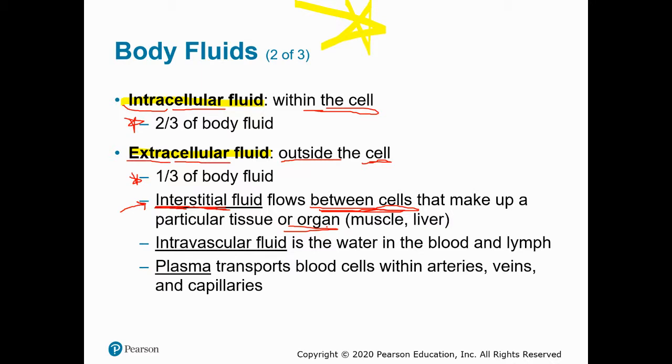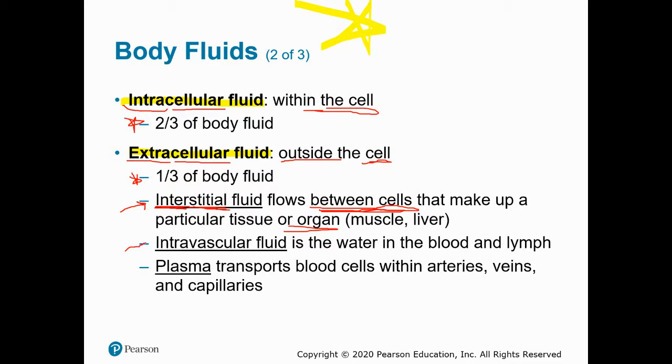And so the fluid that is outside of those cells, so extracellular, and surrounding specifically those muscle cells of that one muscle, that's interstitial. So it's fluid that is surrounding cells that make up one specific tissue or organ.